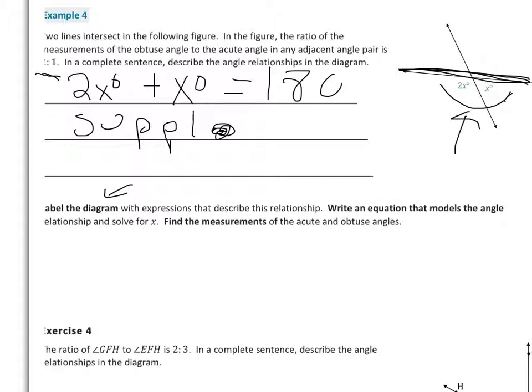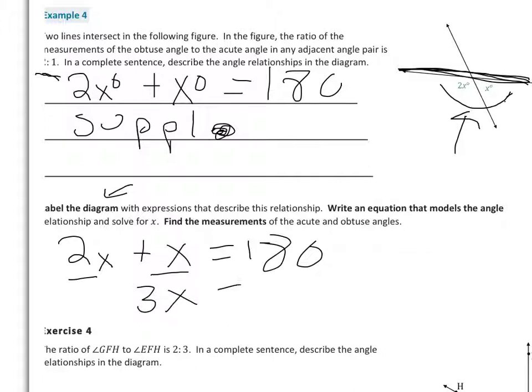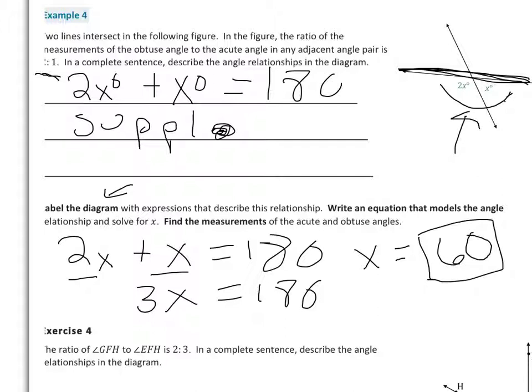Well, here's the situation. 2x plus 1x equals 180 degrees. So we're going to combine these two x's to say we have 3x, and 3x is equal to 180. So what would x be? Well, once we divide by 3, we'll get x is equal to 60.